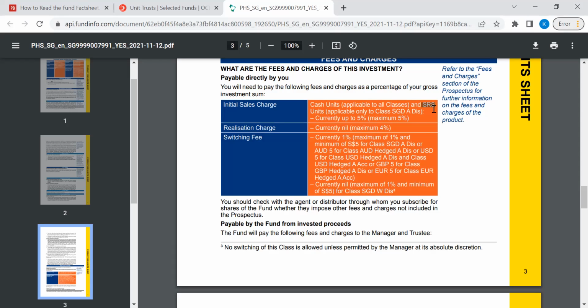If you invest using your SRS account, it is tax deductible. You have an amount that you can invest to help you save tax. So basically, for these financial products, you can use SRS to invest in.